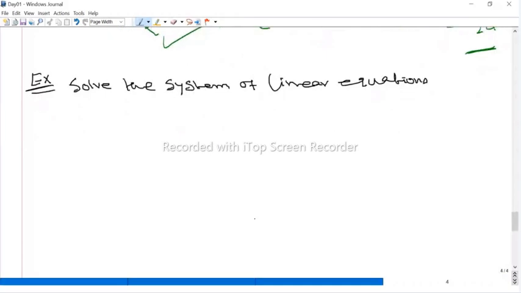Now, what is the system of equations? The first equation I can take is 2y plus 4z equal to 2. There is no x term here. But the second equation contains the x term: x plus 2y plus 2z equal to 3.